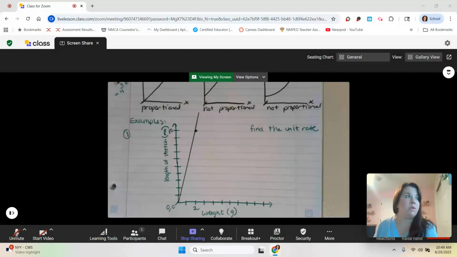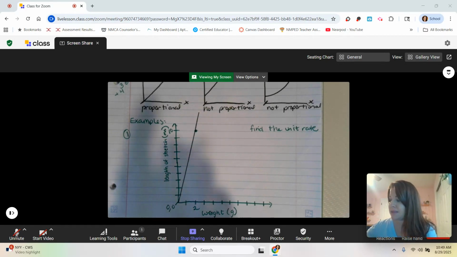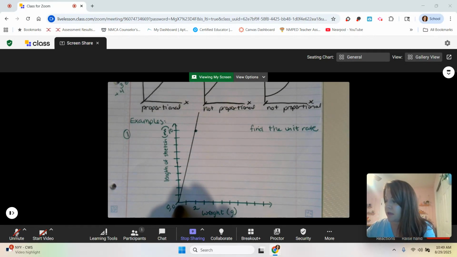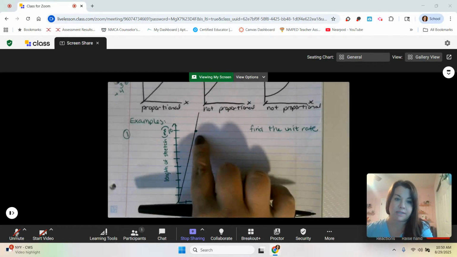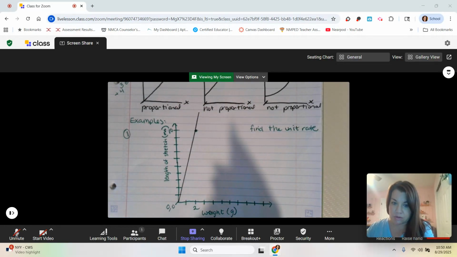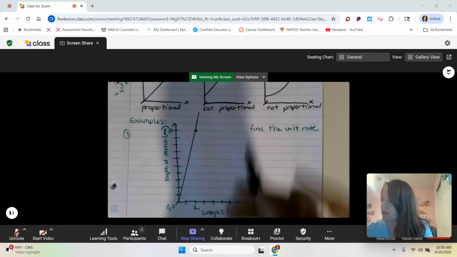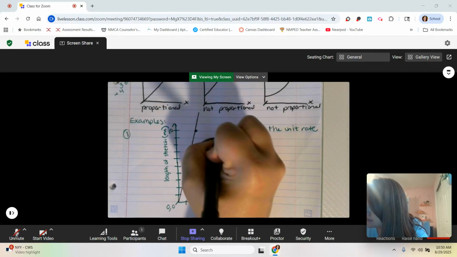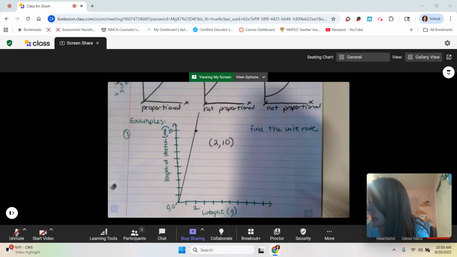Find the unit rate. There's lots of big words there, but the biggest thing we're looking for, and the very first point listed on the graph, is this one right here. They give you other ones that are further up. We actually don't need them. So this point is (2, 10).